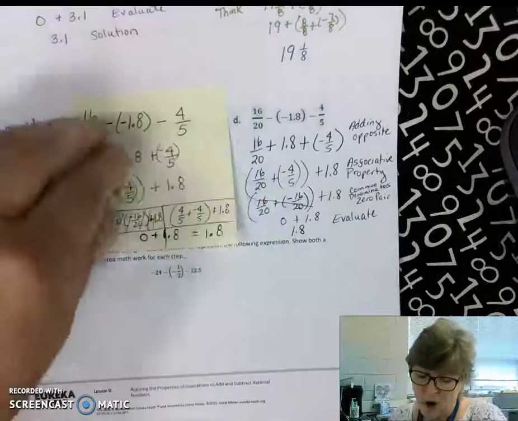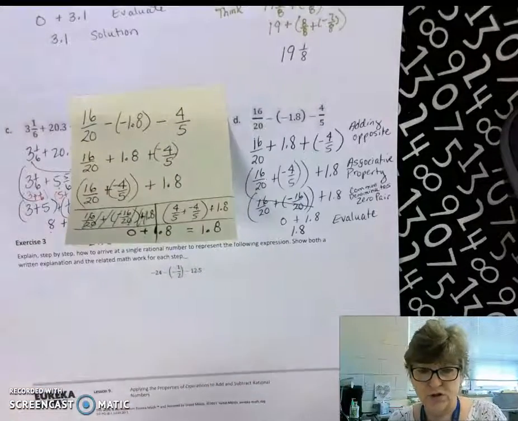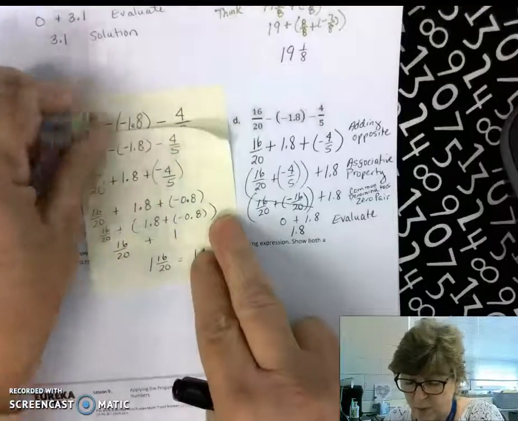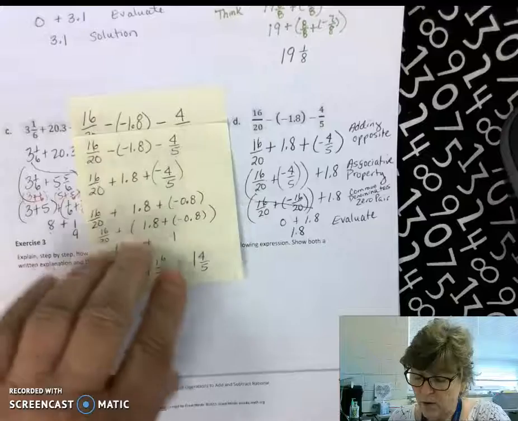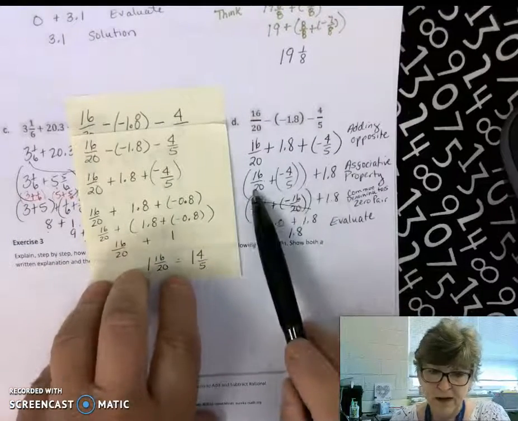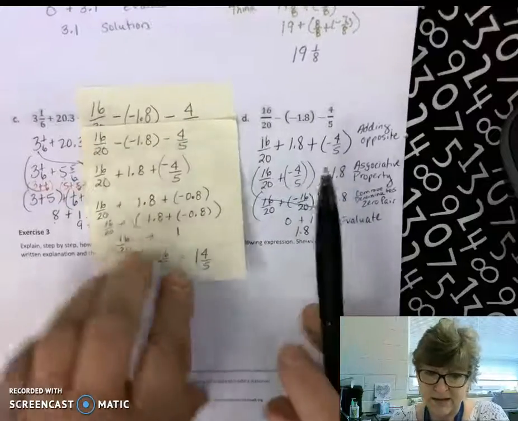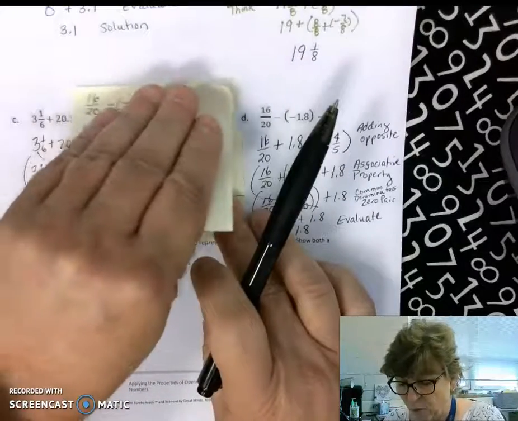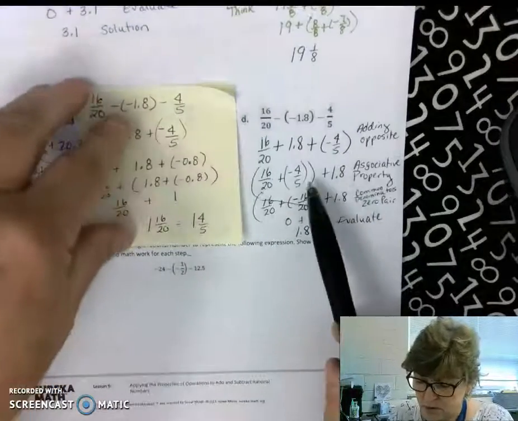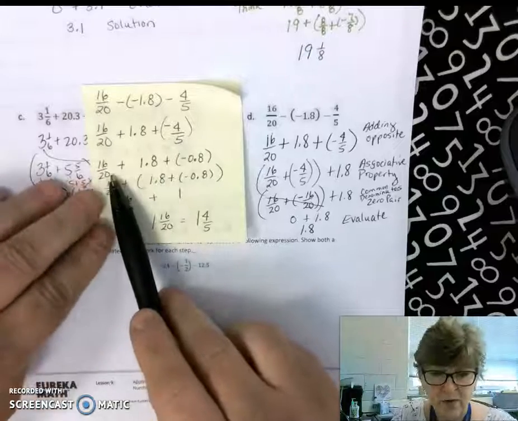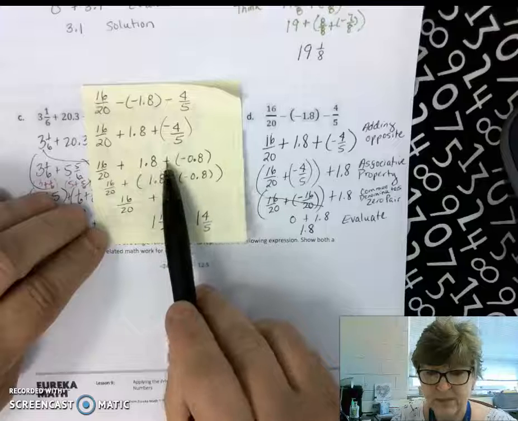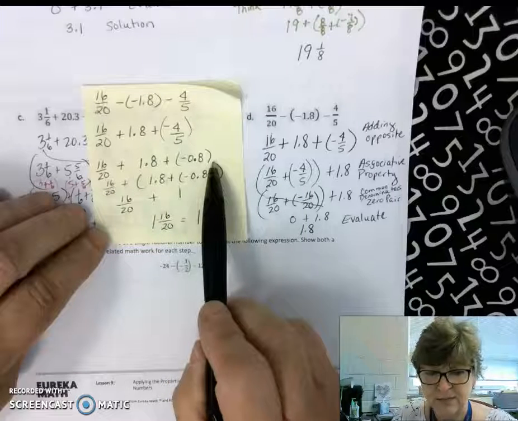Now, in sitting and talking with the other 7th grade teachers, another teacher made a different connection, and I want to show that you could possibly have come up with a different connection. One of the other teachers said, I look at that negative 4/5 and I immediately recognize that negative 4/5 is the same as negative 8/10, or the decimal 0.8. So I just showed another method: 16/20 plus 1 8/10 plus negative 0.8.